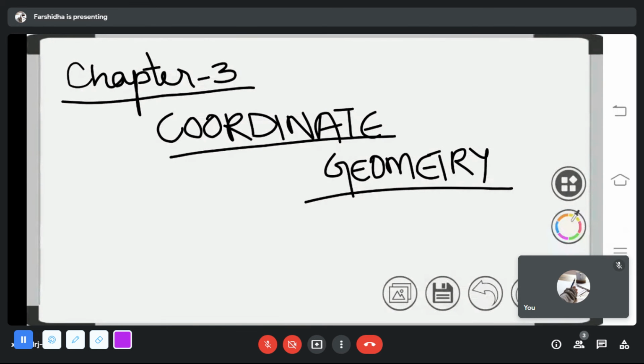In this chapter, we'll be introducing some of the basic concepts of coordinate geometry. You already know it because we have done the similar thing in your linear equations in two variables chapter. So, we'll be dealing with some of the basic concepts regarding coordinate geometry.